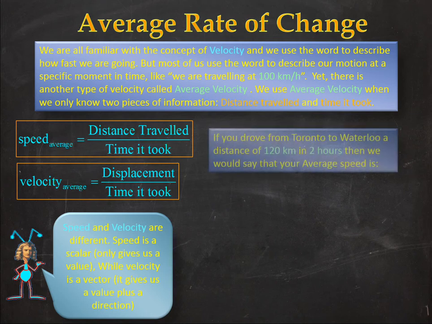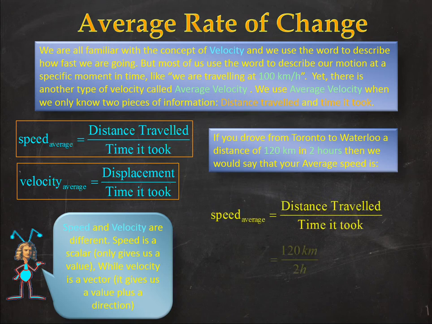So if I said that you drove from, let's say, Toronto to Waterloo, let's say a distance of 120 kilometers in 2 hours, then we would say our average speed or our average velocity is equal to 120 kilometers divided by 2 hours, or simply 60 kilometers per hour. So that gives us a nice little introduction.